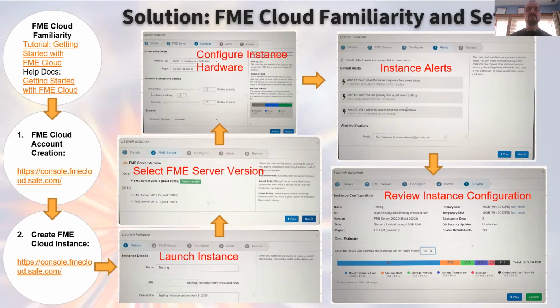Then you can configure that server. Do you want a starter with 2 virtual cores? Which region are you going to select? I just selected the minimum requirements here for my case. There are some alerts you can set up, which I did, and then towards the end, you can review your instance configuration. If everything is okay, then you just launch that.